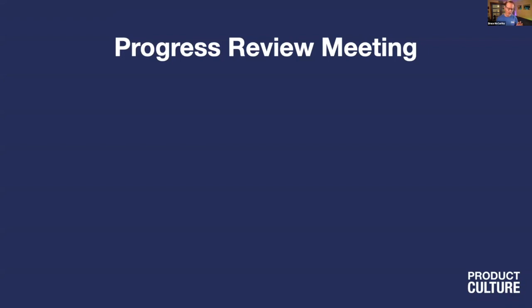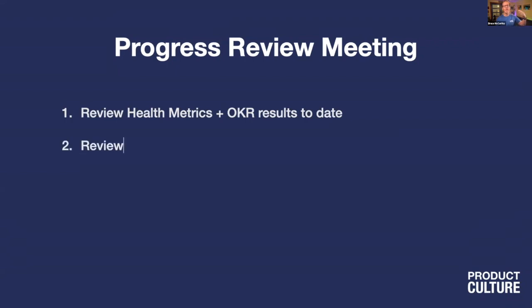If you're going to really embrace the OKR world and practice, you start off with, how are we doing on our results to date, on the KRs, on the measurable results, and also the health metrics in case any of them are in the red. And then we go to, okay, which of those is in trouble, and what work are we doing in order to try to make a difference in those OKRs.